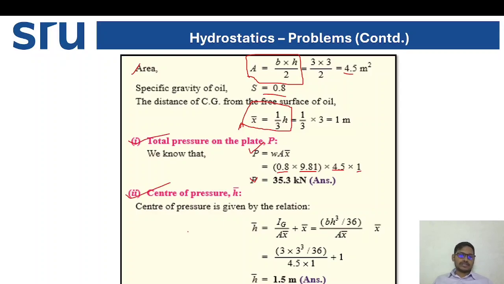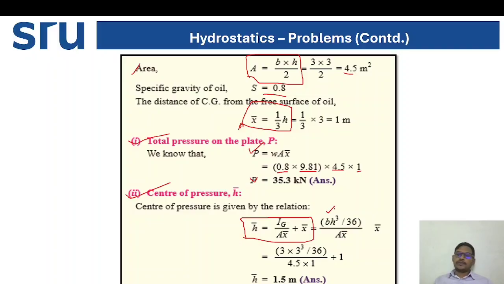Next, center of pressure. Center of pressure is given by the relation h bar is equal to Ig by A into x bar plus x bar.